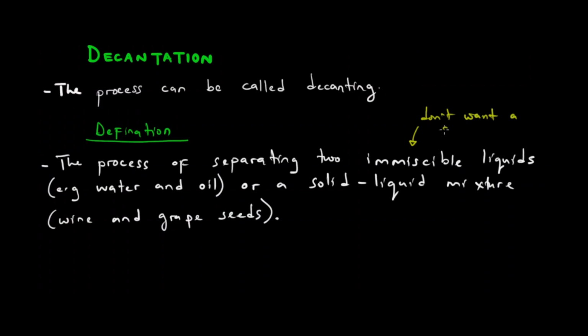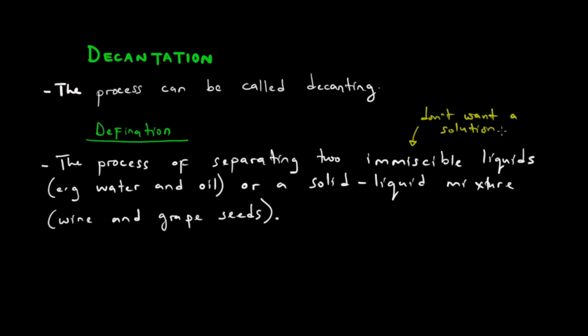Because if we take two miscible liquids, they form a solution, and we cannot use decanting to separate miscible liquids. A very practical example: orange crush and water. If we mix water and orange crush, these two are miscible. They form a solution we call a drink.